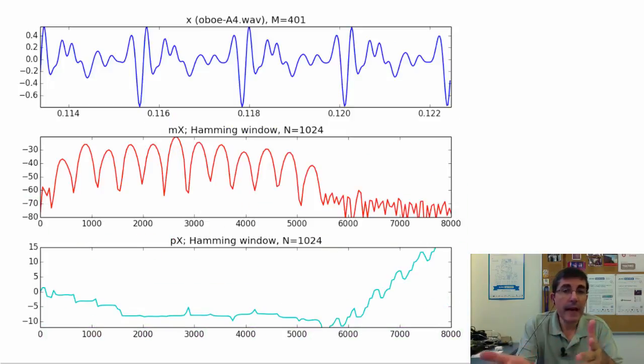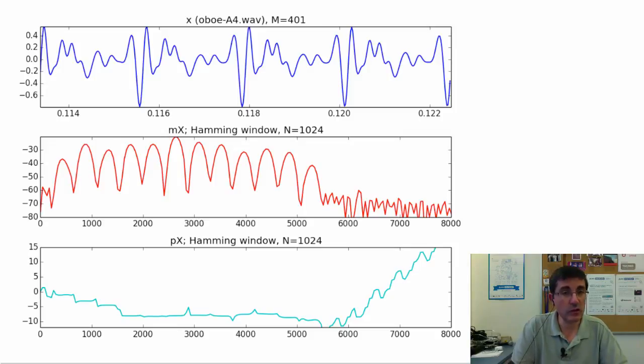And let's see what happens with different sounds. So for example, if we have the sound of an oboe that has a particular frequency, which is 440 Hertz, what should be the M? If we take an M of 401 samples, these 401 samples basically correspond to 4 periods of this oboe sound.